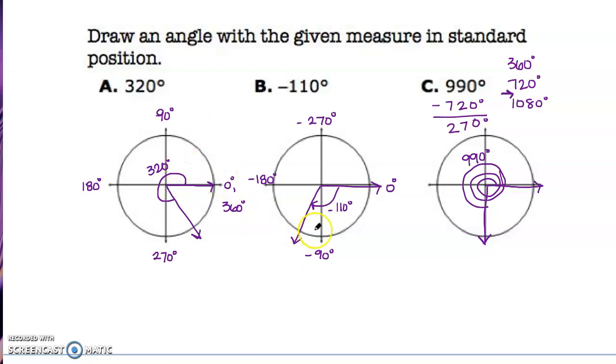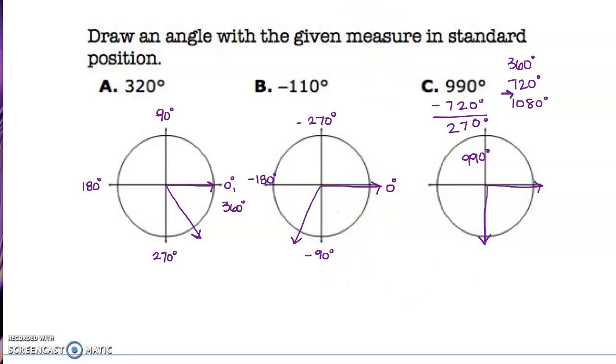So looking at these pictures, if we didn't have these directions here that told us which way we were moving and what the angle looked like, we really wouldn't know just by looking how that angle was measured because they look the same.